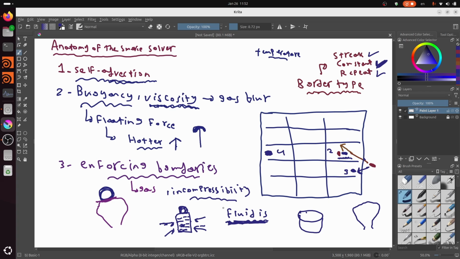Okay, so this incompressibility here, we need to enforce it, and to do this we use the divergence, we use the pressure and the velocity fields. And actually this is so much complicated, but it is just achieved in Houdini by a node called gas project non-divergent.